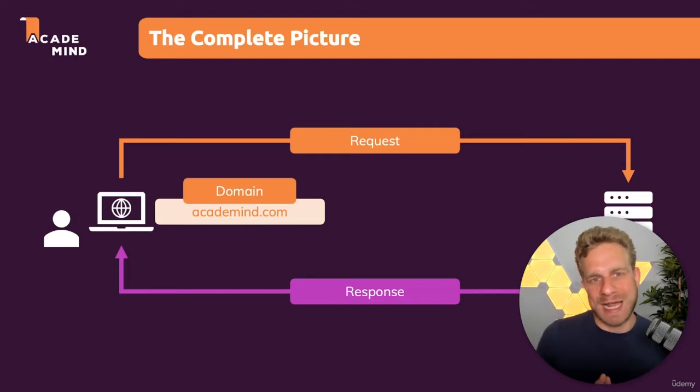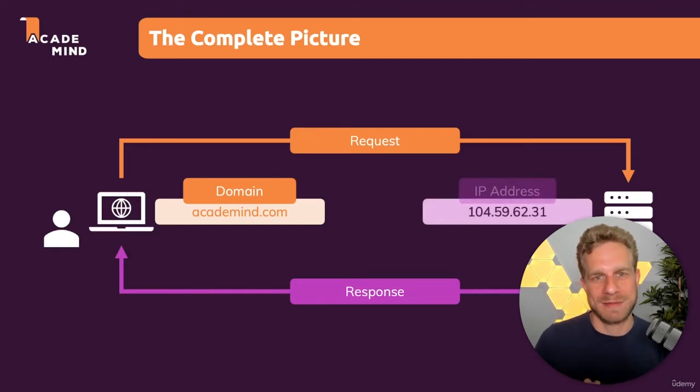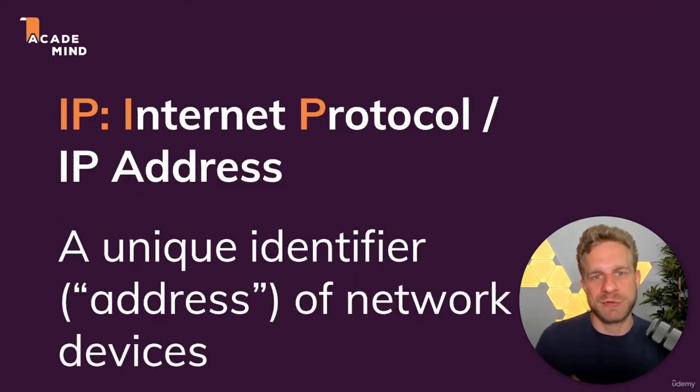Now what actually happens is a slightly different thing though. This request is sent, but it's actually not sent with just this domain. Instead, all the devices that take part in the internet, so to say, have so-called IP addresses. IP stands for Internet Protocol, and it's another standard that controls how devices in the internet are identified.